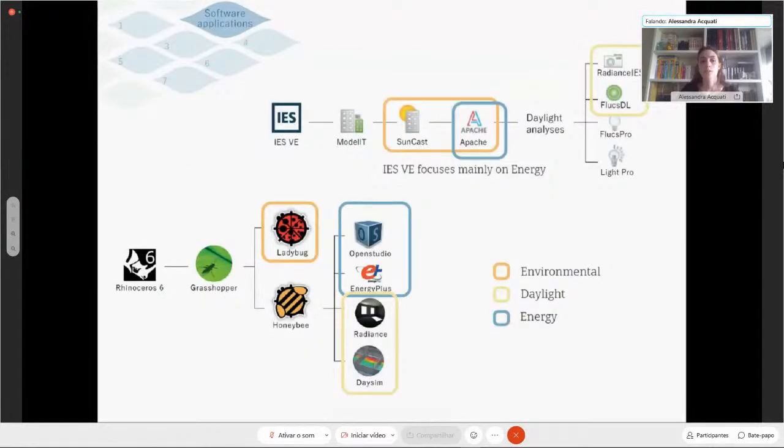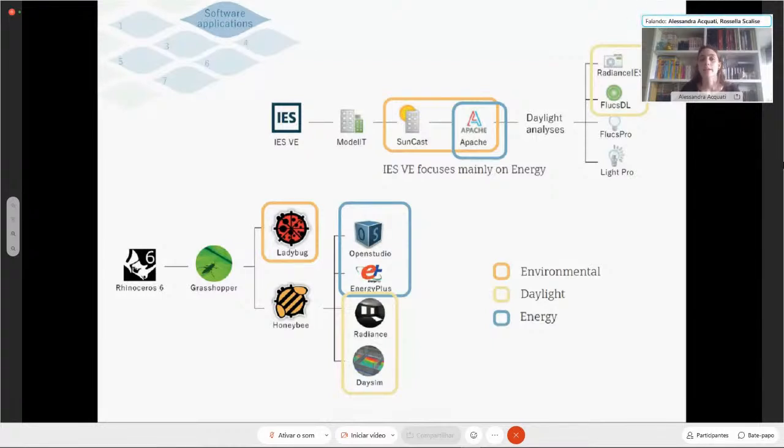As already mentioned, the two software used are ISV and Rhinoceros 6, since both are able to perform analysis on complex geometries. In this slide, it's highlighted the modules of ISV and the plugins of Rhinoceros 6 that are used for environmental, daylight, and energetic analysis.